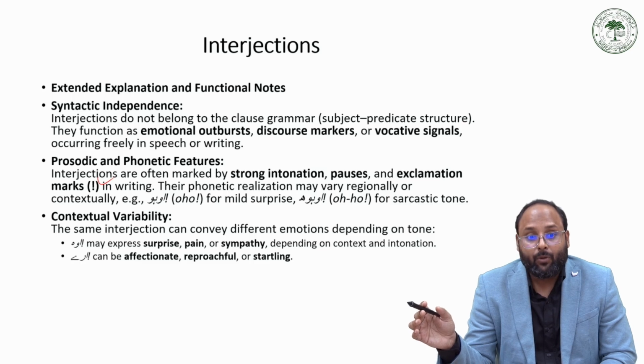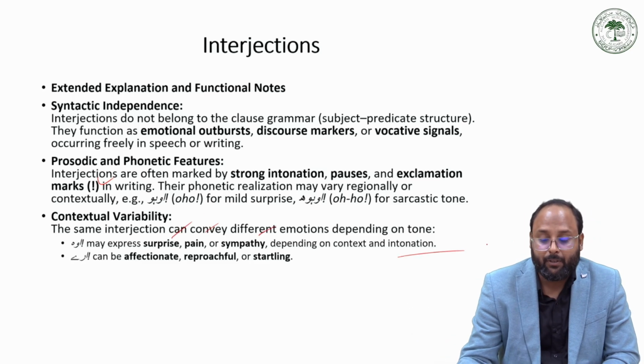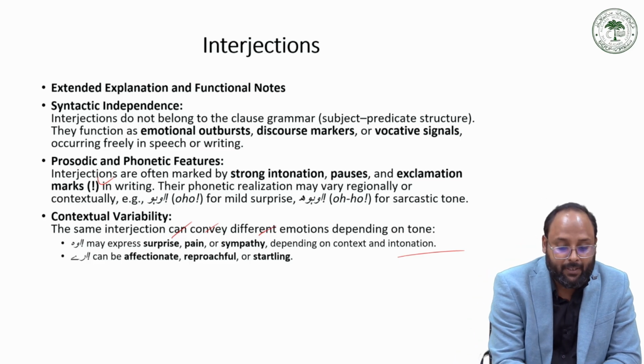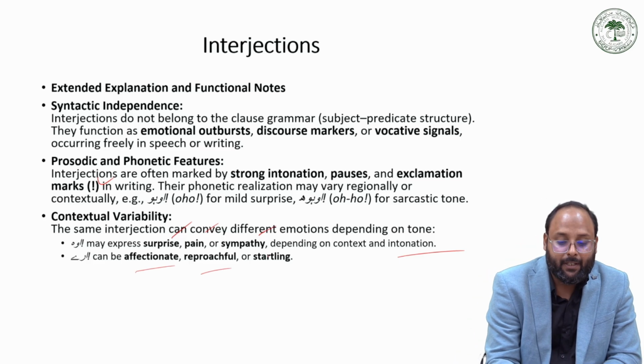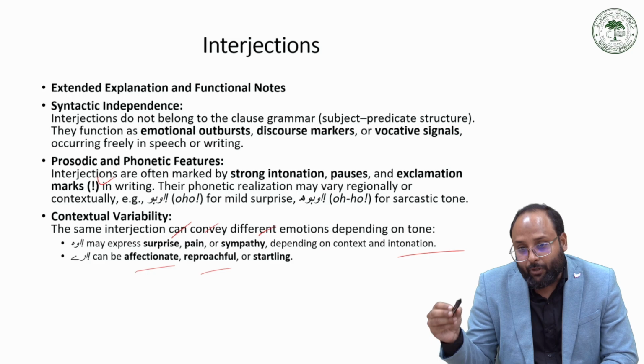Like oh may express surprise, pain, or sympathy, depending on the context or intonation. And arey can also be used for affection or startling. So it depends on the context and intonation.